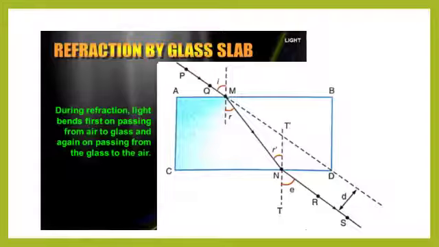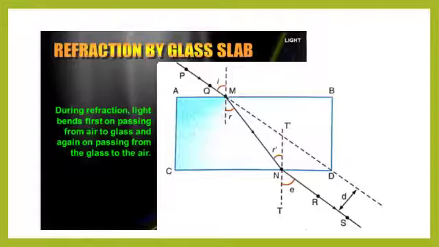Then there is again one line, RS. This line is coming out from the glass slab and it moves away from the normal. Why does it move away from the normal? Because it is coming from denser to rarer medium, and this RS ray, the final ray, is called the emergent ray.